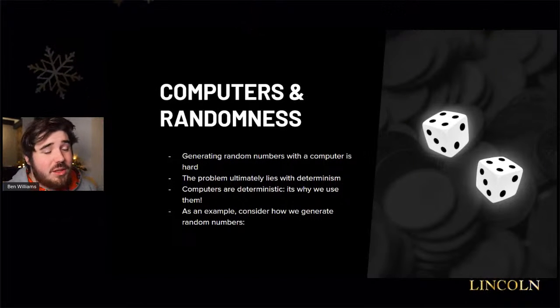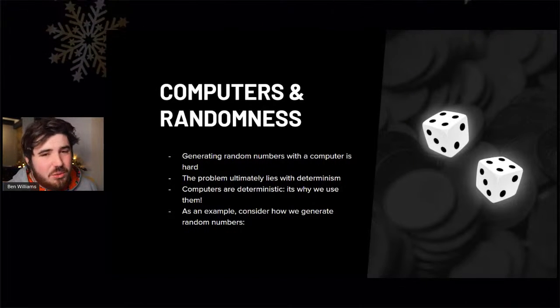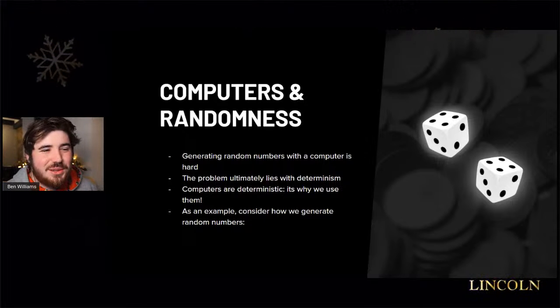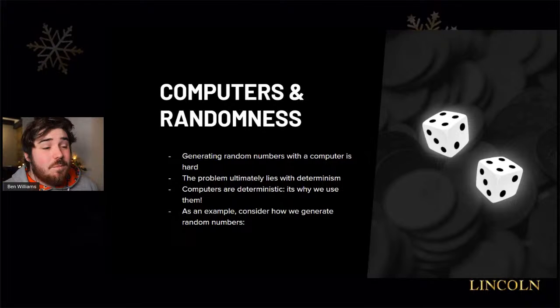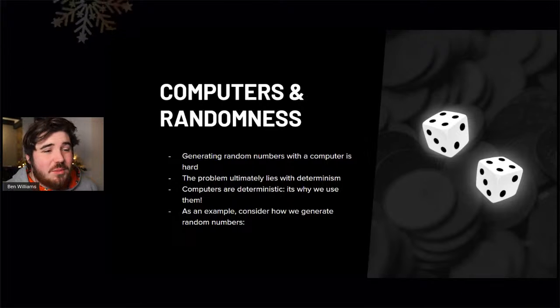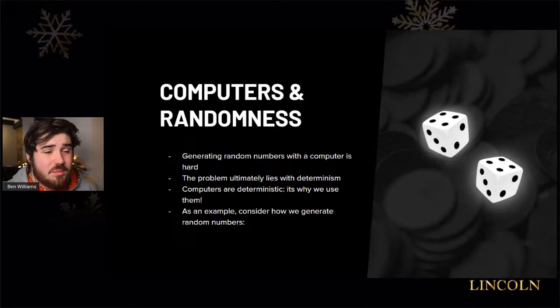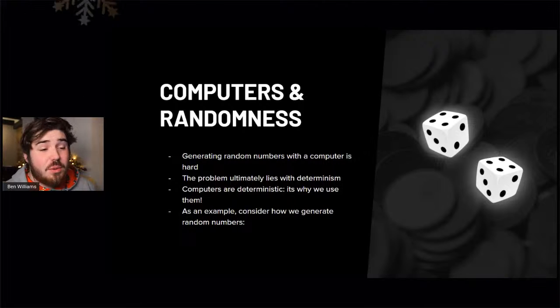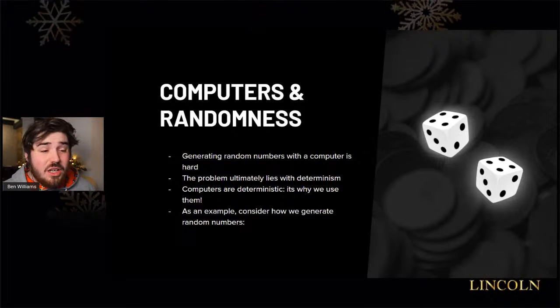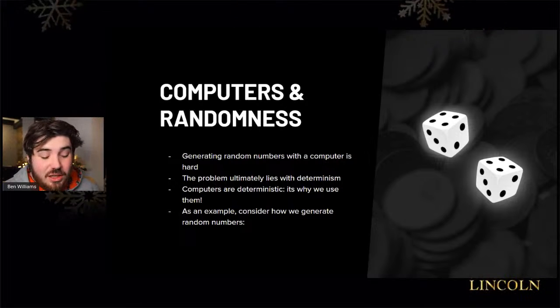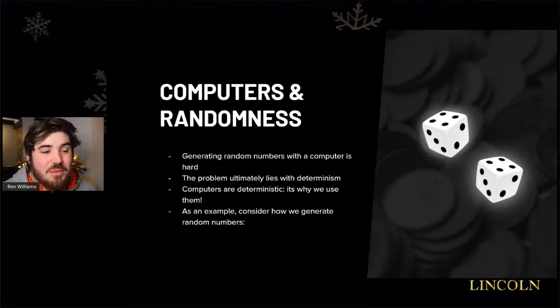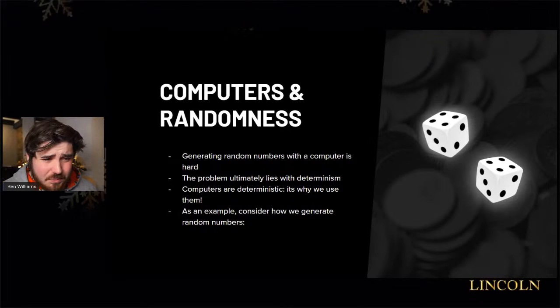Now, computers and randomness is an interesting topic. So far we've just talked about coin flipping, but that's got nothing to do with computers. And this talks about computers. So it turns out that generating random numbers with a computer is actually quite a hard problem. And the reason is that the problem ultimately lies with determinism. Computers are really good deterministic machines, and the name there, machine, gives it away.